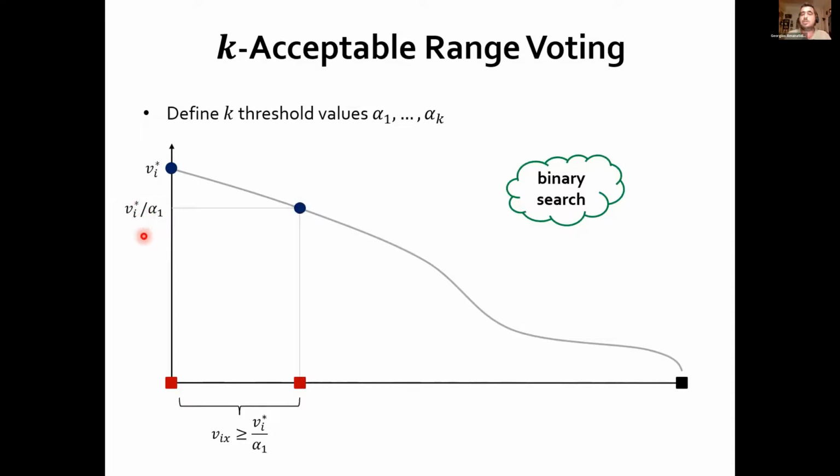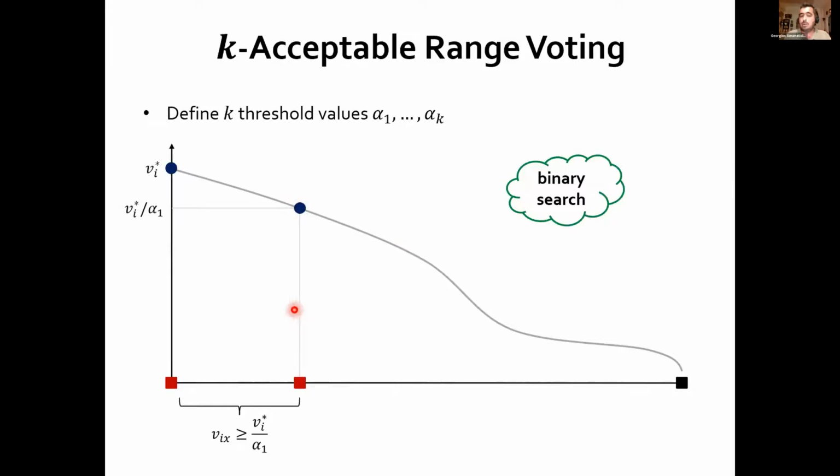Of course, I cannot do that with a single value query. But I can do a binary search. I can ask in the middle of the profile, because the profile is ordered, and depending on whether the value is larger or smaller than that, go left or right and repeat until I find exactly the point.